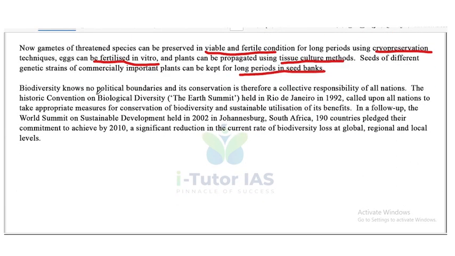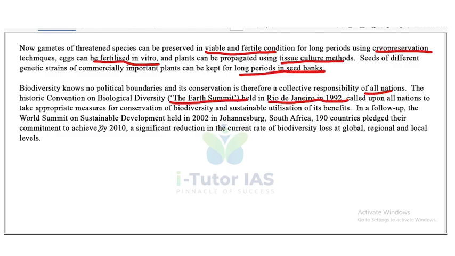Biodiversity knows no political boundaries, and its conservation is therefore the collective responsibility of all nations. The historic Convention on Biodiversity, the Earth Summit held in Rio de Janeiro in 1992, called upon all nations to take appropriate measures for conservation of biodiversity and sustainable utilization of its resources.